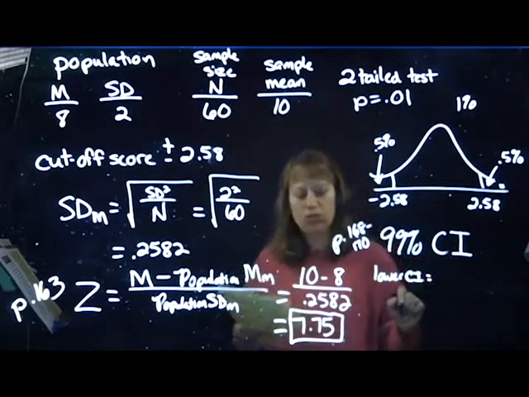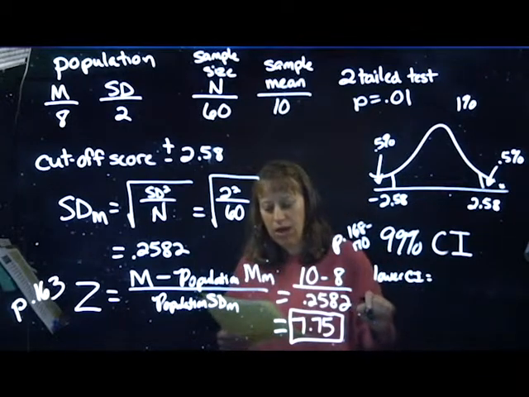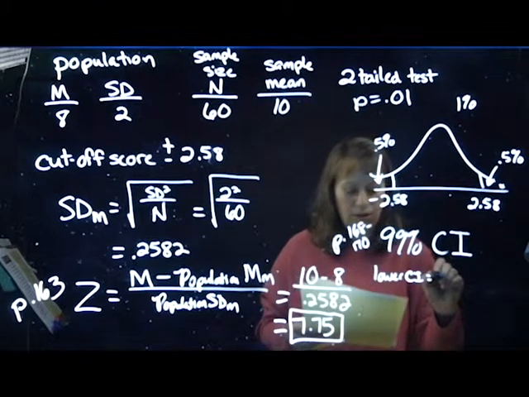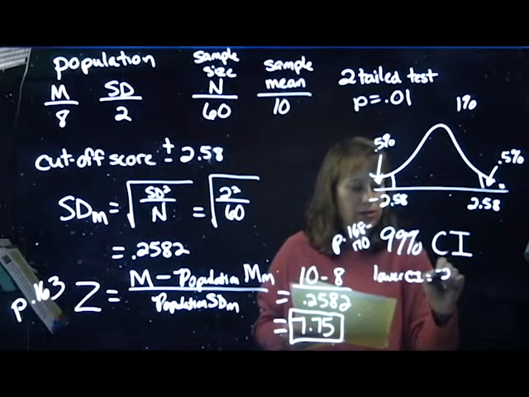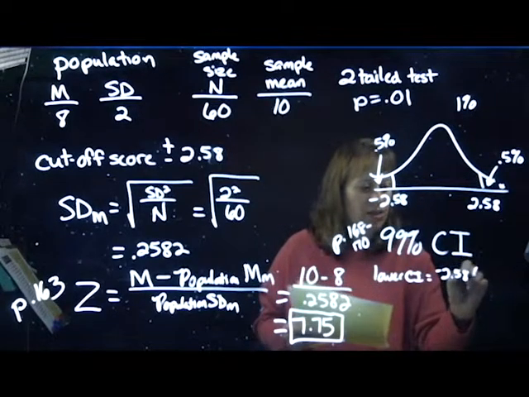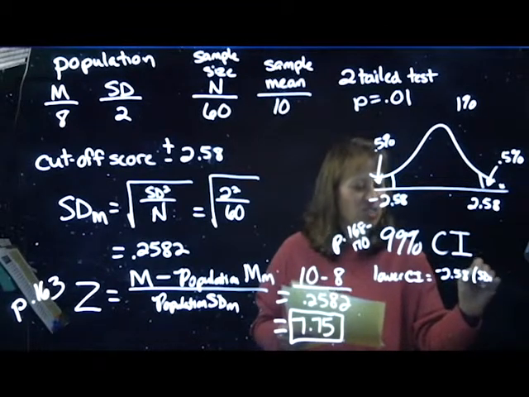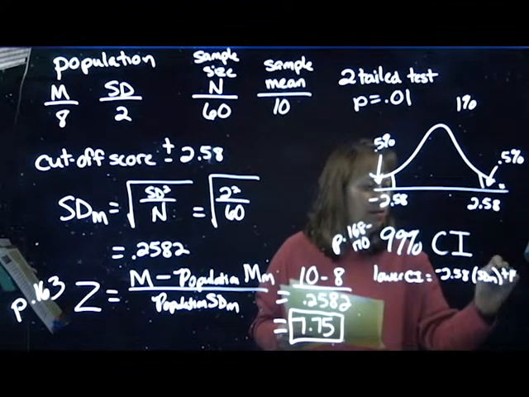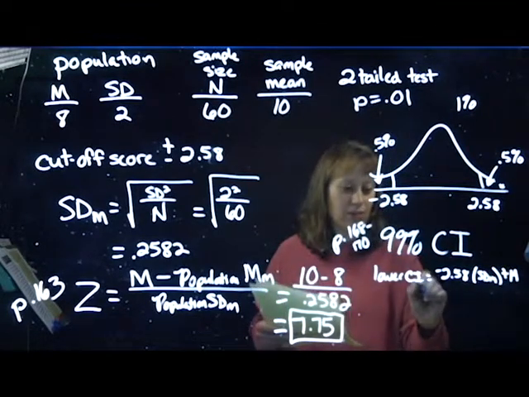We put in our cutoff value of minus 2.58, because we're looking at a 99% confidence interval, times our standard deviation of the distribution of means, that's a mouthful, plus our sample mean.